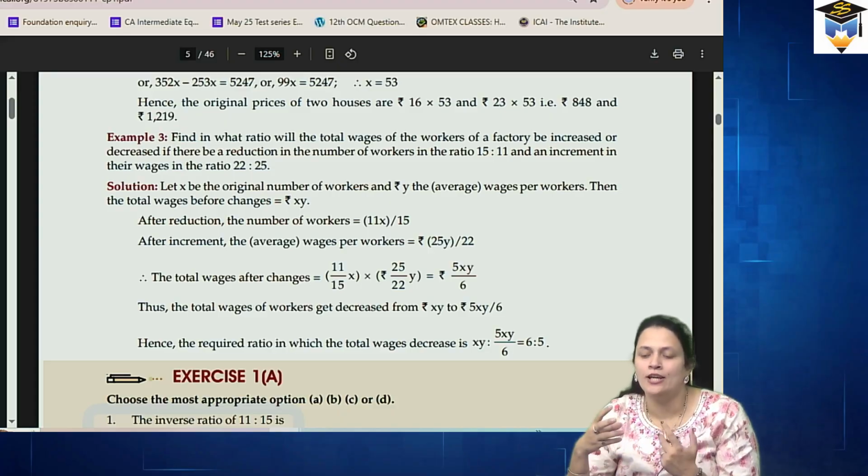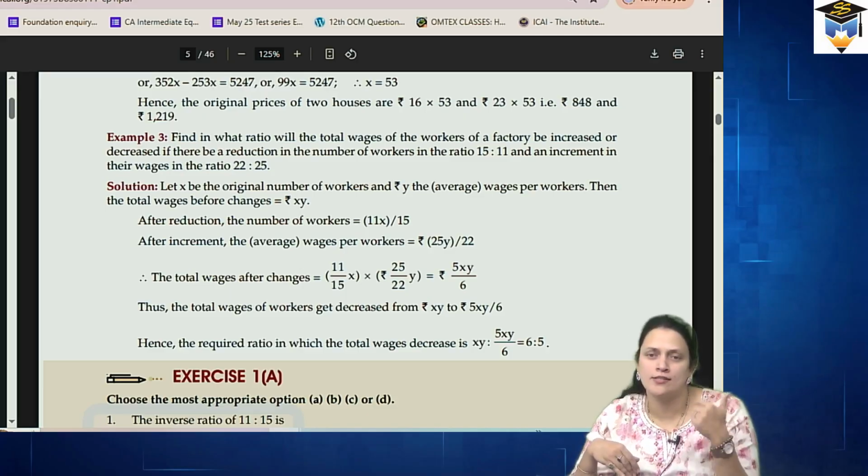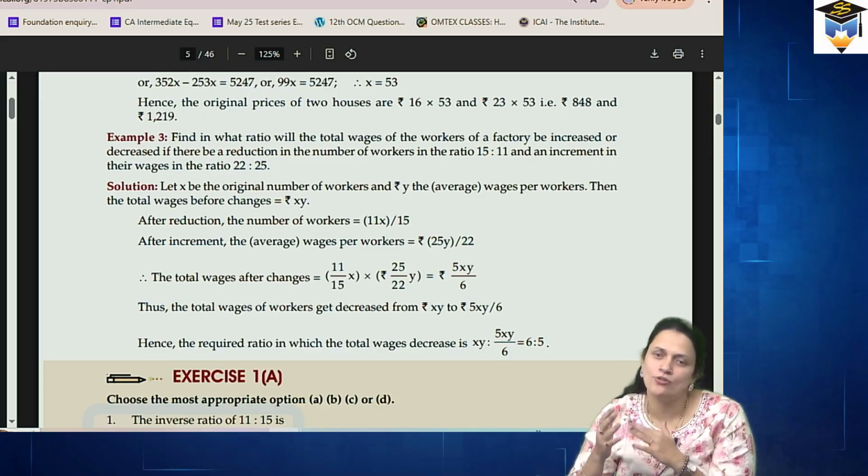So see, if you get one answer, okay, increased ratio is 6:5. What is decreased ratio? 5:6. This is the reciprocal.